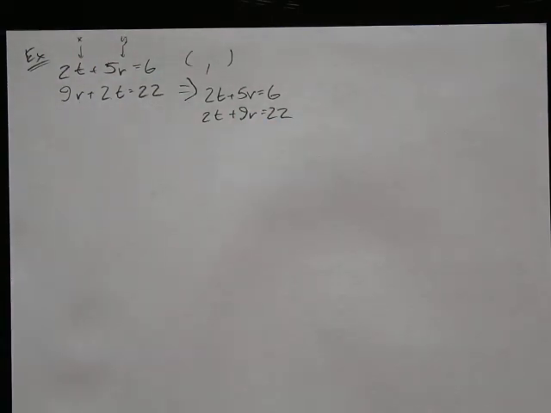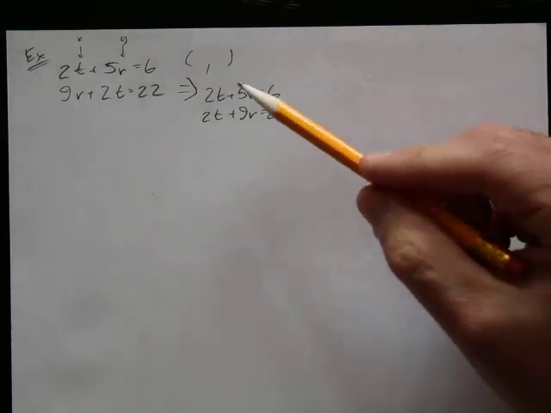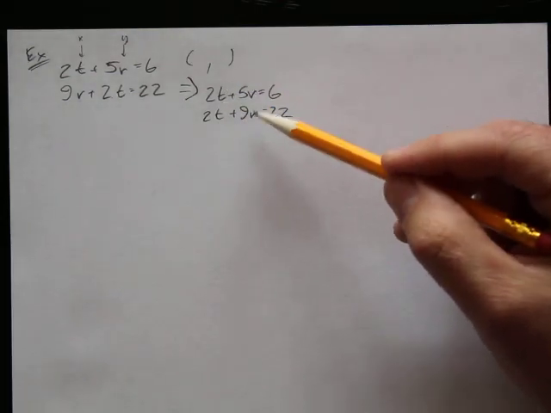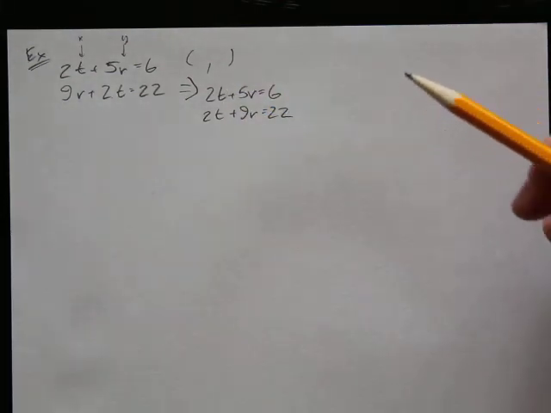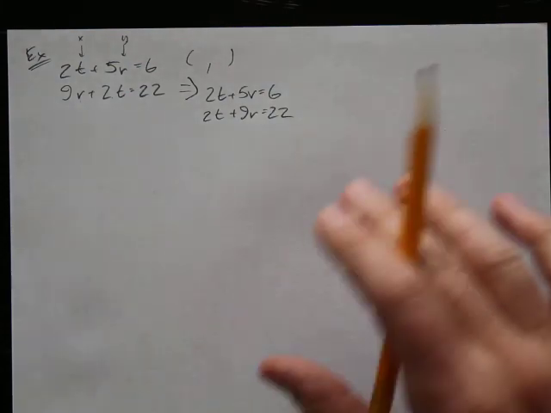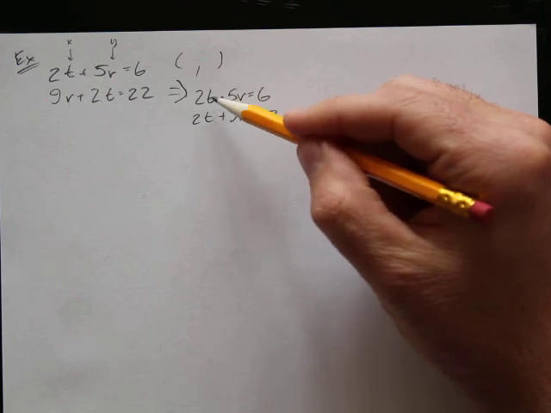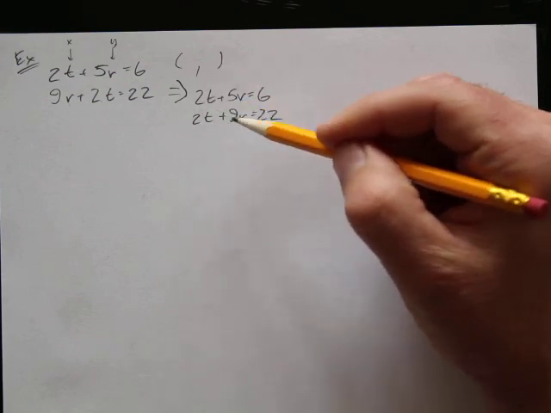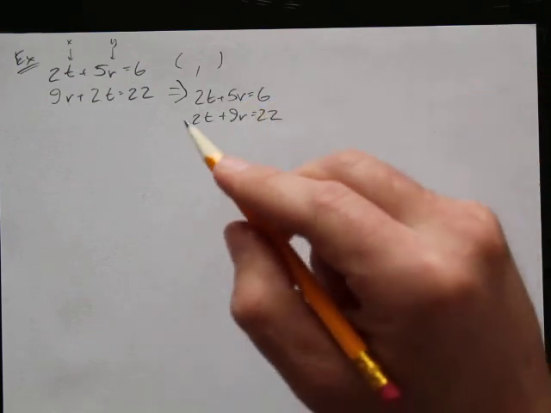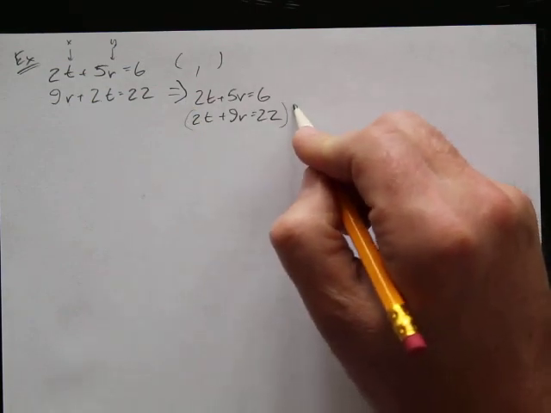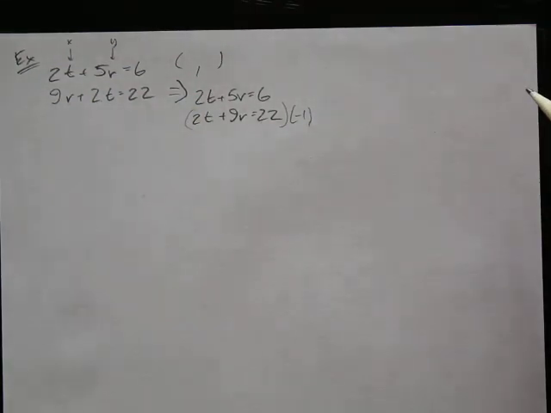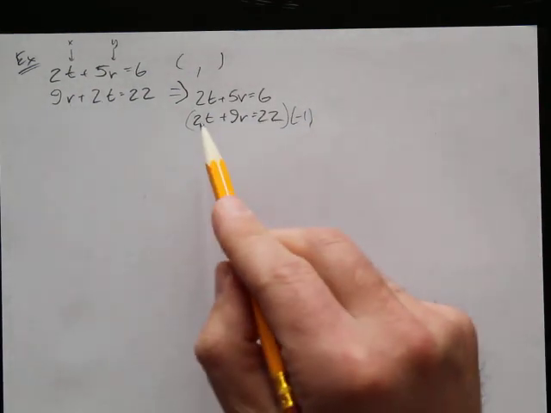Okay, so here I have these lined up correctly, and I have an issue here, and that is that I don't have 2t minus 2t. I've got 2t plus 2t. And so in order to make it minus, I need to multiply everything by negative 1 on one of these equations.